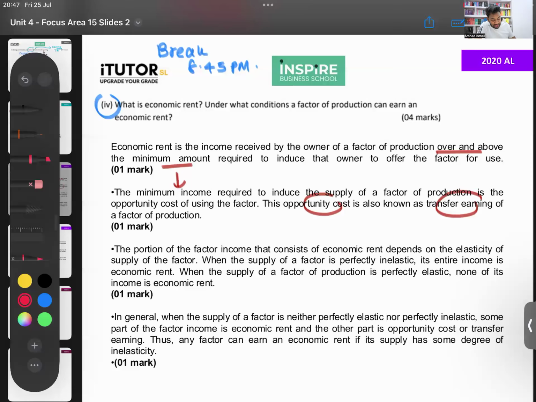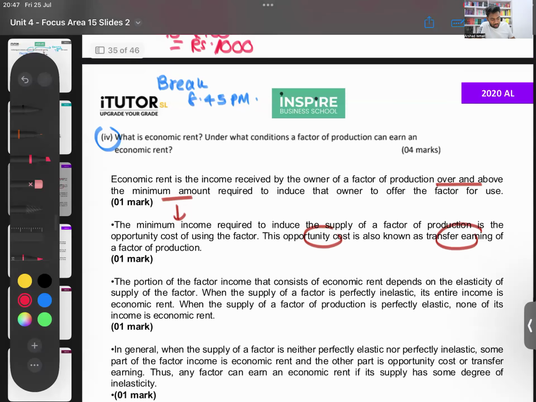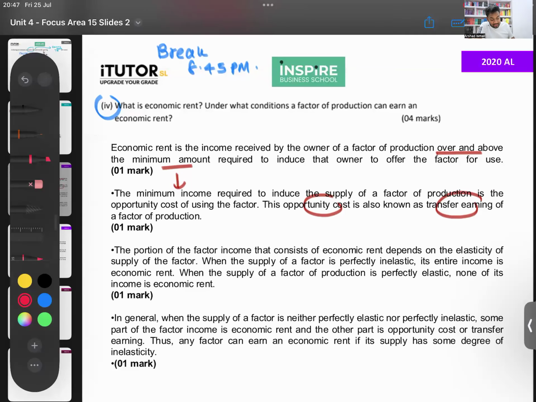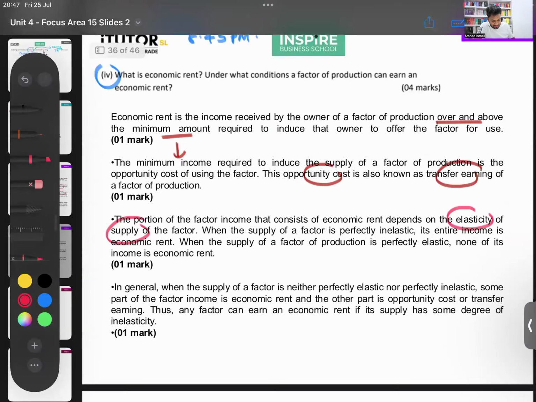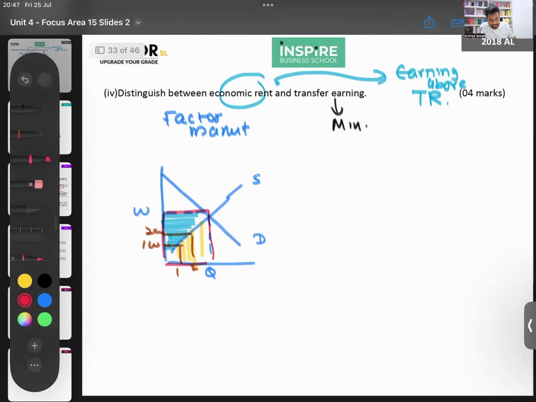So you can earn an economic rent, Lama. There are two situations where you can't. The amount of economic rent and transfer earnings will depend on the elasticity of supply. So if I show this in the diagram, see, Lama, if you have an elastic supply curve, then economic rent is very small.